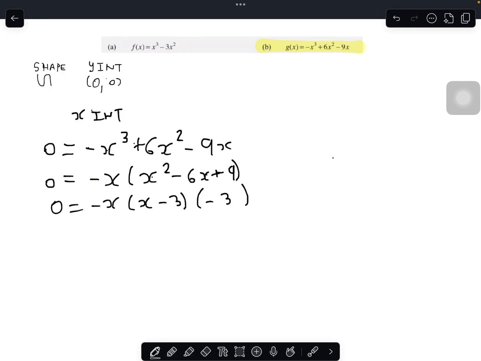So here x equals 0 or x equals 3. So I'm going to find out what are the x-intercept values, and I know one of them is going to be 0 and 0. The other one is going to be 3 and 0. Remember, for our x-intercept, the y value is 0. We let it be 0. So now we have our x-intercepts.